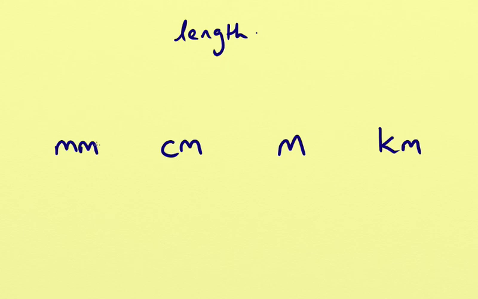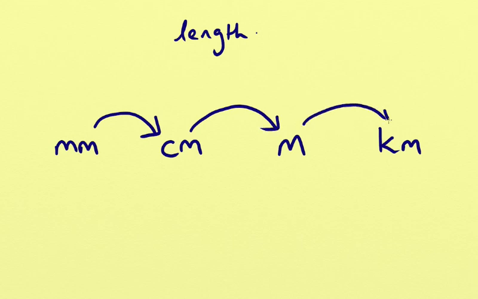So we've started with millimetres, getting a little bit bigger to centimetres, a little bit bigger to metres, and then bigger to kilometres. I'll draw arrows going from millimetres to centimetres, centimetres to metres, and metres to kilometres.